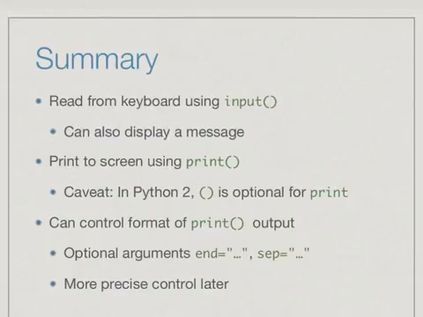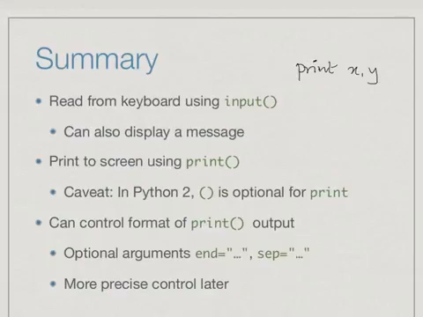In Python 2, you can say print, space, and then give what is given as the arguments to print in Python 3. Python 3 insists on it being called like a function with brackets. In Python 2, the brackets are optional. So you will very often see in Python 2 code something that looks like print x y without any brackets. This is legal in Python 2. This is not legal in Python 3. So just be careful about this.